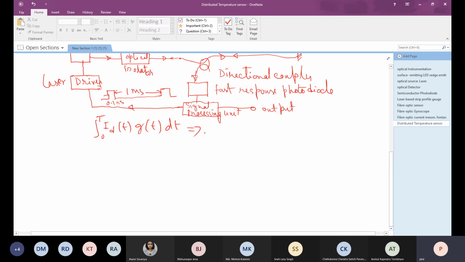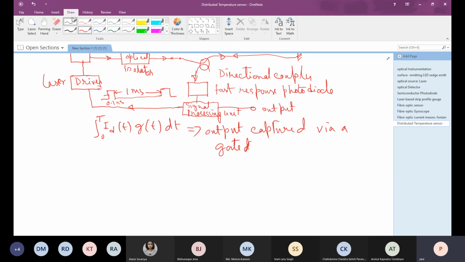So that gives the output captured via a gating signal, G(t).